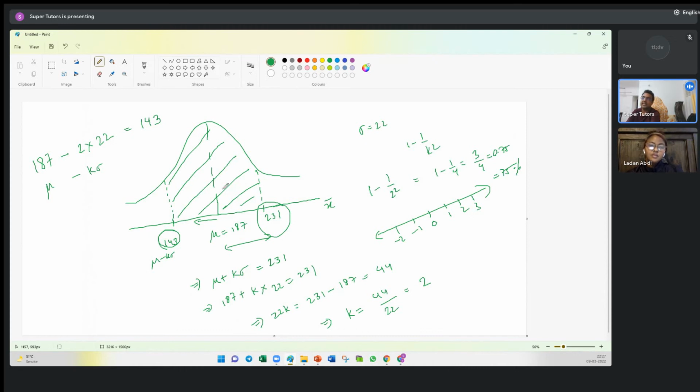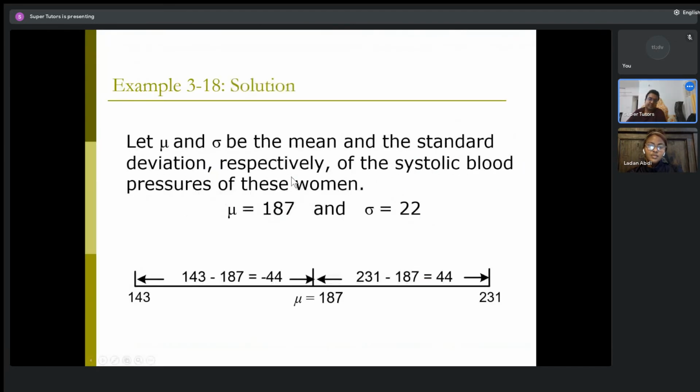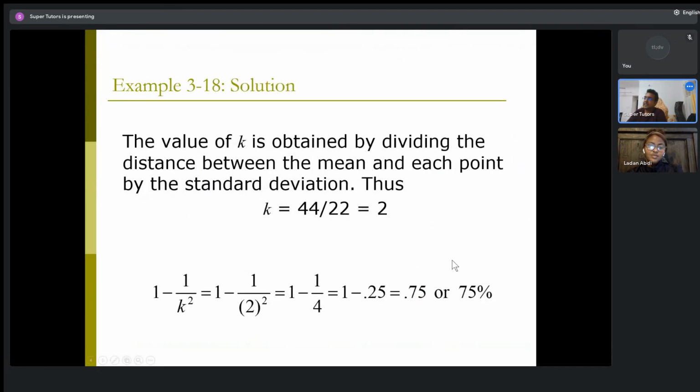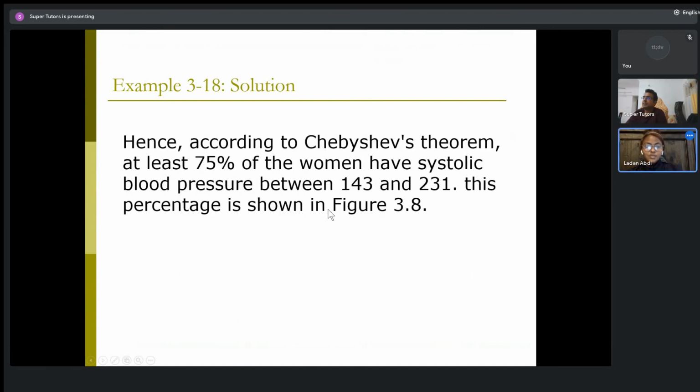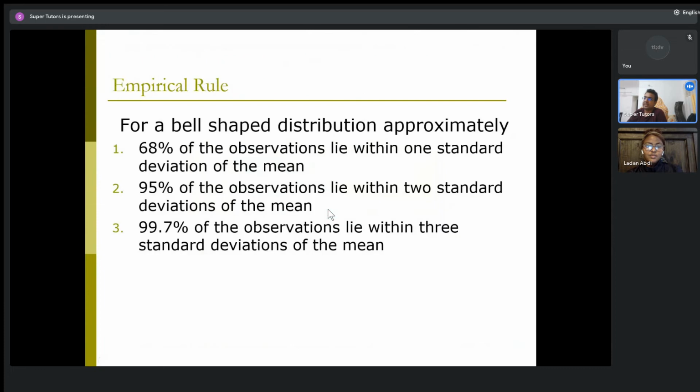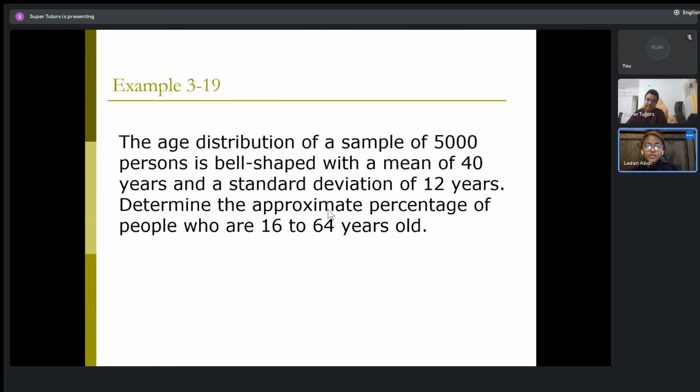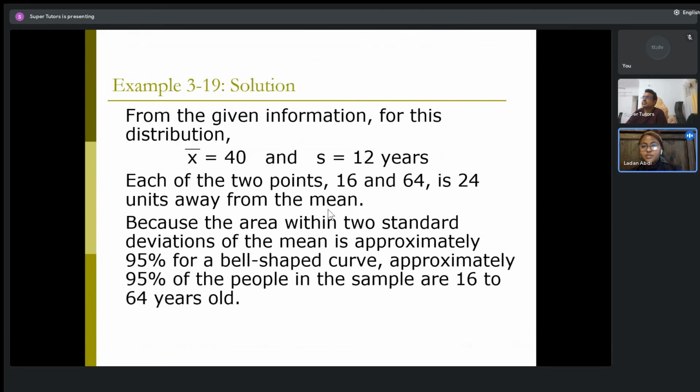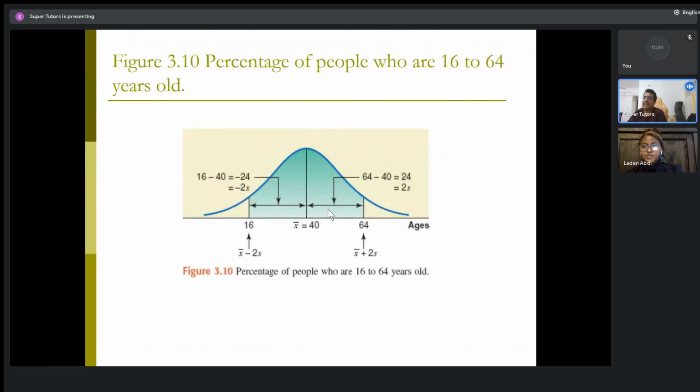Or in other words, the shaded area is minimum 75% of the total. Simple. Makes full sense? Yes. So that is all to Chebyshev's. Is it going to be on the exam? Yeah, it can be on the exam, but it's straightforward now for you, is it not? Yeah, it is.